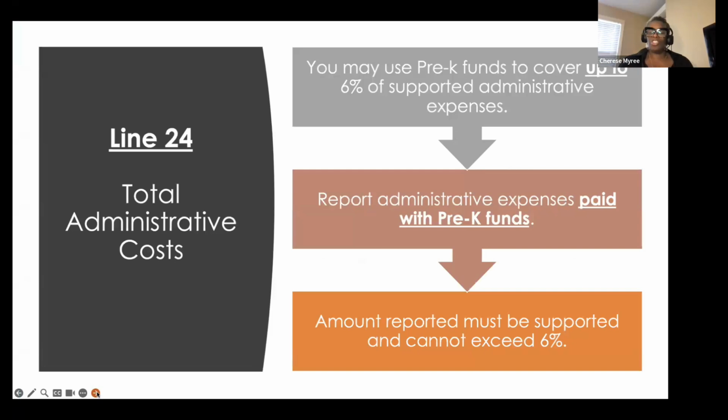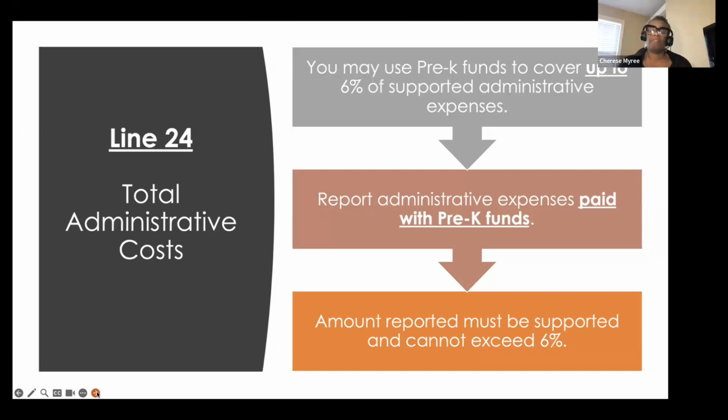So again, this is just illustrating what I'm saying. You can use it to cover your expense. Report what you use, what you've paid for with pre-K funds, and administrative costs should not exceed 6%.